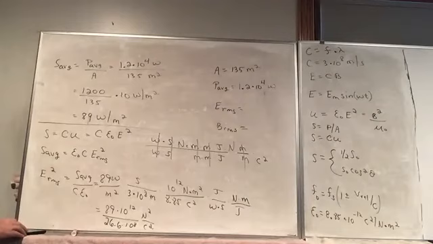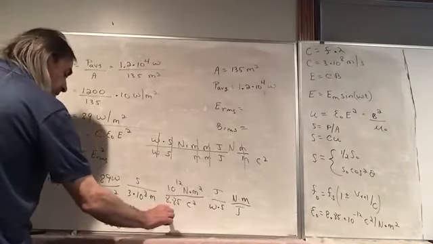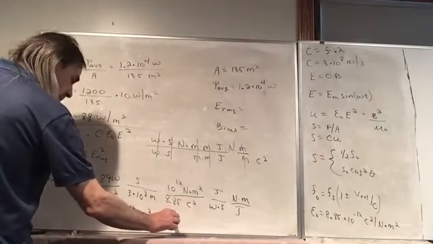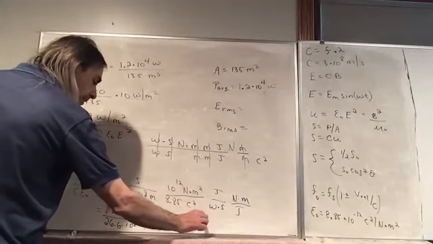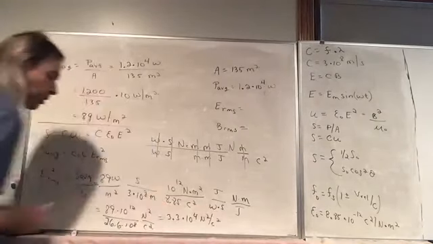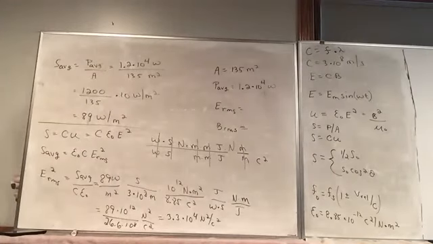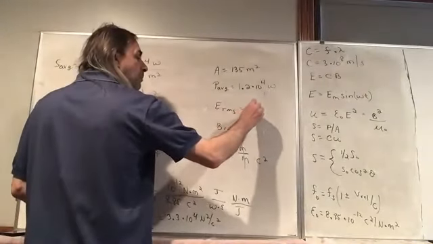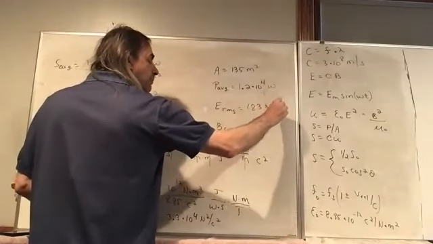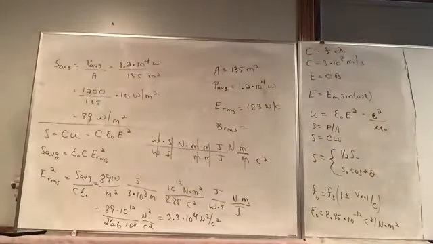So this would be about 3.3 times 10 to the 4th Newton squared per Coulomb squared. So now we just take the square root of that. So I'm getting about 183 newtons per coulomb for the electric field.